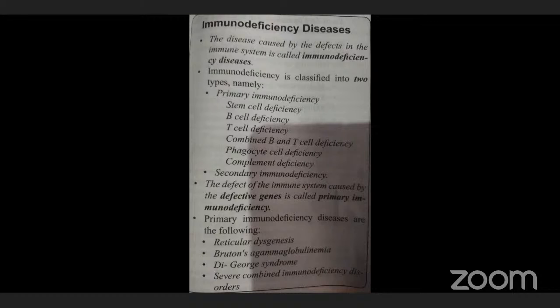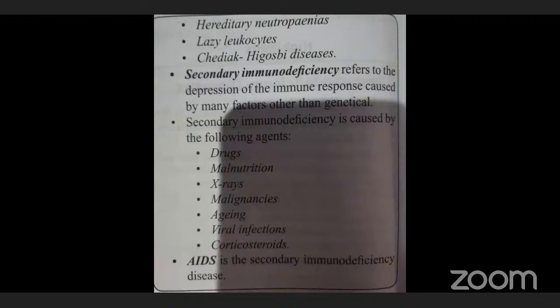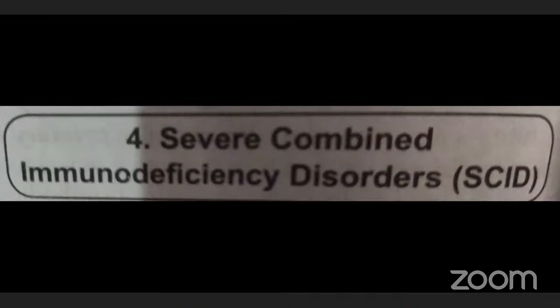You should know these things about secondary immunodeficiency in your syllabus. In your syllabus, SCID and AIDS are present. Also, leukocytes are defective.